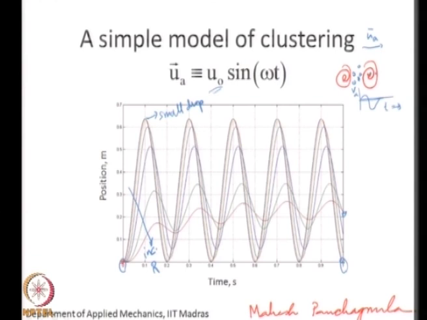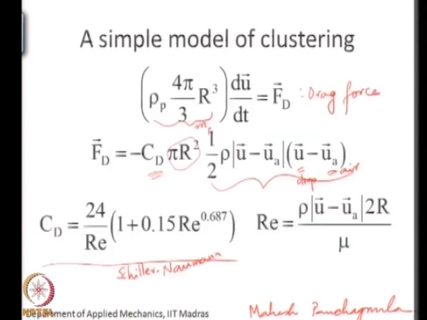So, over time I would have a region here of clustered drops, because an oscillating air field is able to move the larger drop preferentially in relation to the smaller drop. This is entirely due to the nonlinearity in the drag law that we discussed.